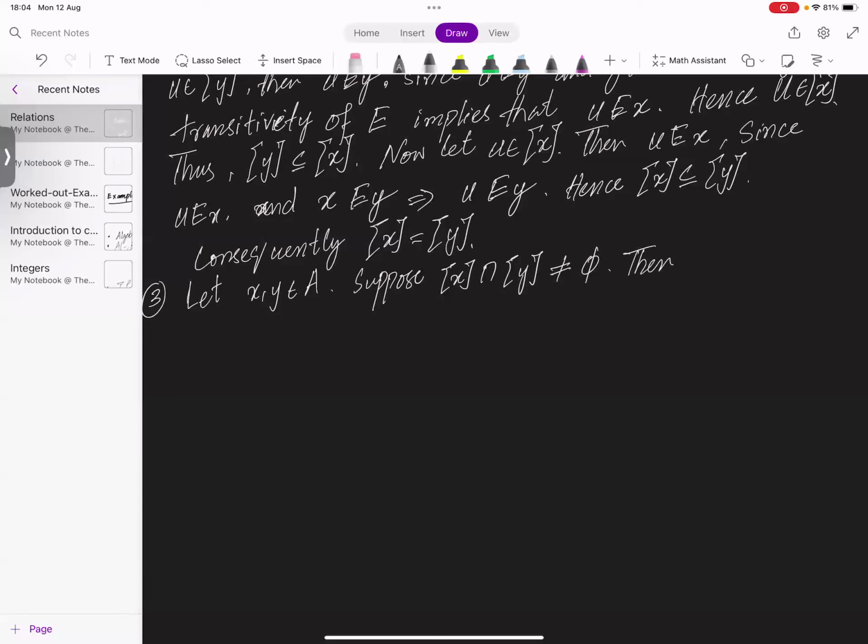Then, if that's not phi, there exists an element in the intersection.